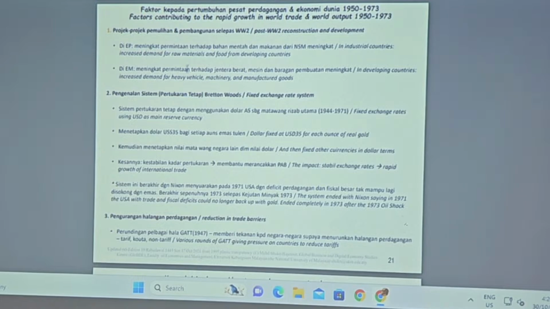Number one, in the industrial countries, there was increased demand after the war. Why? Because of post-war reconstruction and development. This is number one reason.